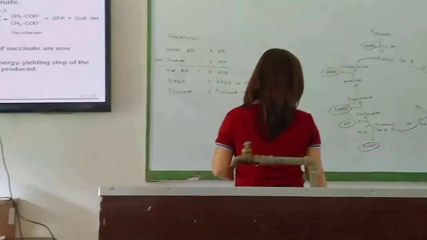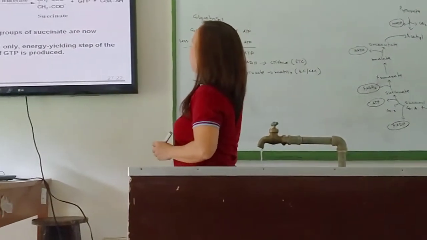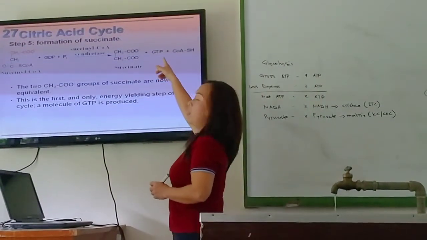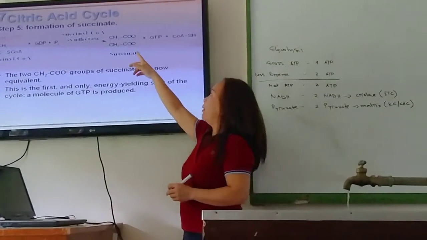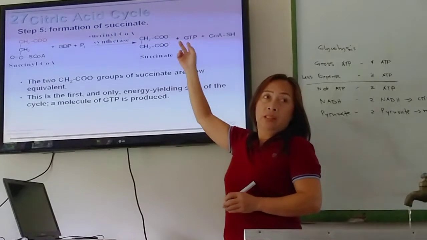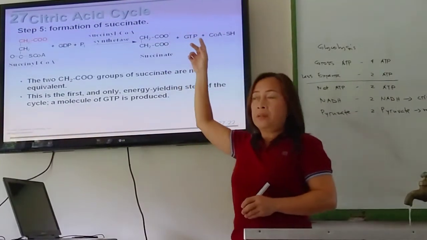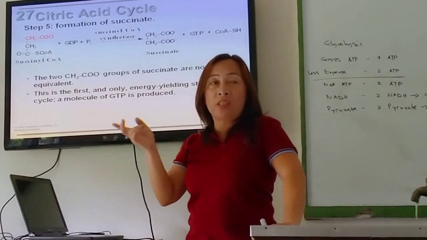Succinyl-CoA to succinate. Now here, there is generation of ATP. First, guanosine triphosphate. But later on, this GTP will be converted into ATP. This is still energy currency. So what is different here is it's not adenosine, it's guanosine.